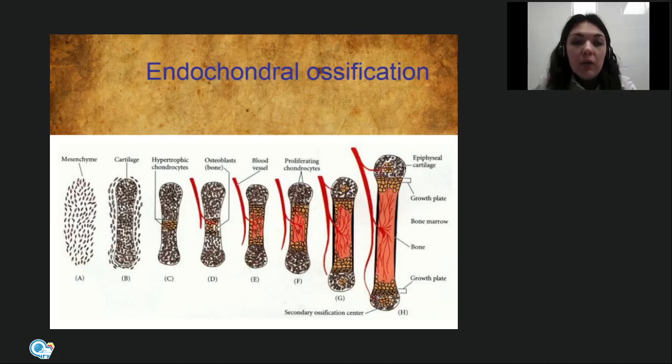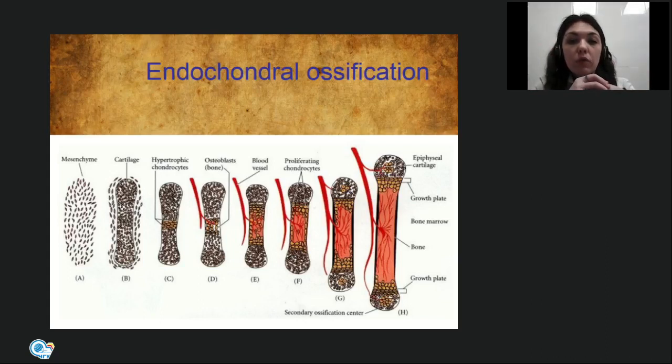Chondrocytes in the middle of the bone start to proliferate rapidly because capillaries and vessels come into the bone, and oxygen and nutrients are delivered.